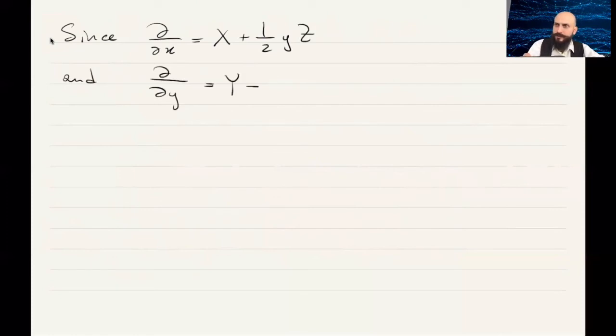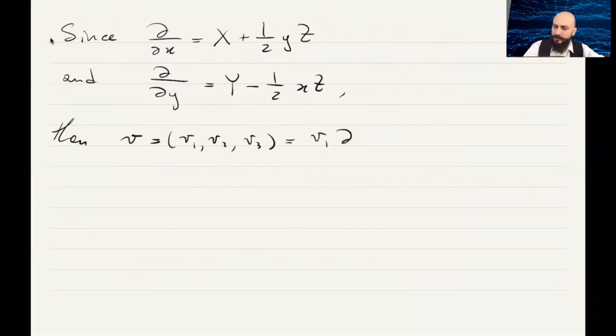Now, what we can do, since we can write d over dx equal to X plus 1/2 y Z, and d over dy as Y minus 1/2 x Z, then you can write a vector v in coordinates v1, v2, v3, which means actually v1 dx plus v2 dy plus v3 dz.